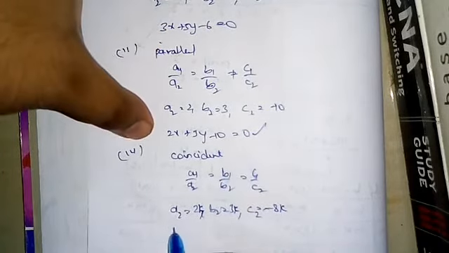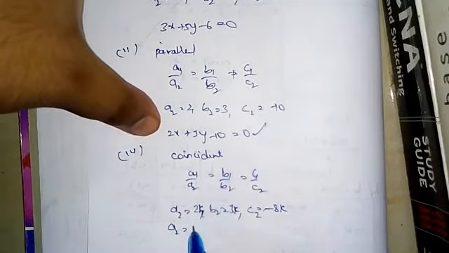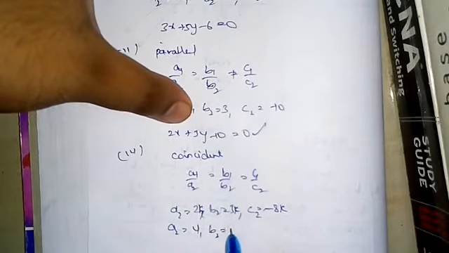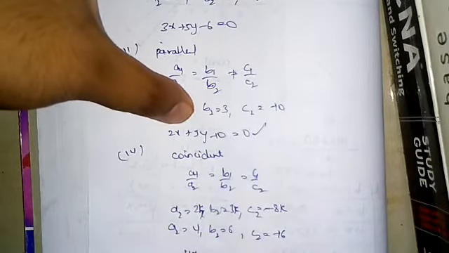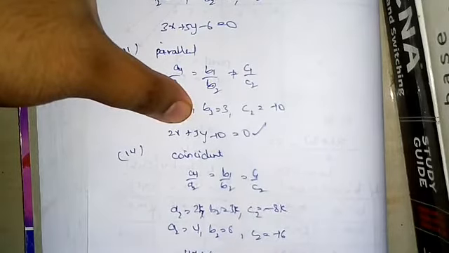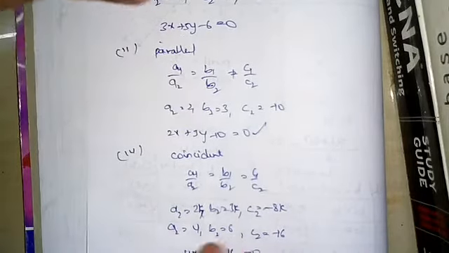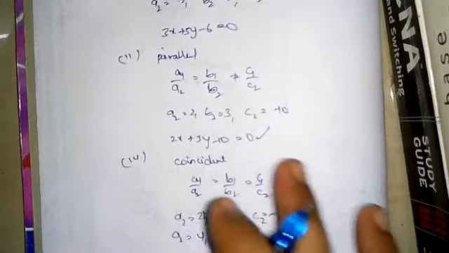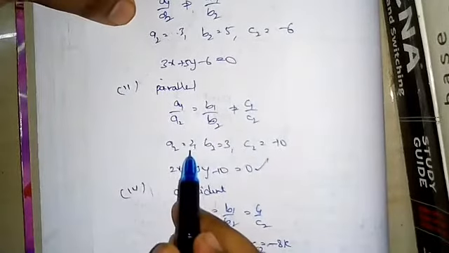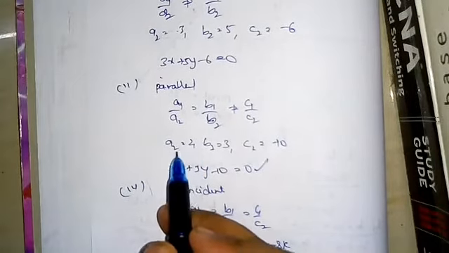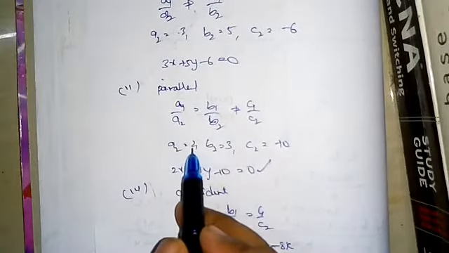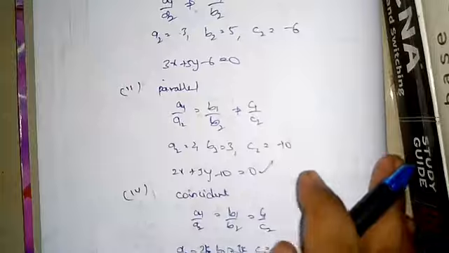So if you observe, you can take a2 is equal to 4, b2 is equal to 6, c2 is equal to minus 16. So the equation will be 4x plus 6y minus 16 is equal to 0 for coincident lines. In parallel also you can take it as 2k. You have no need to exactly take it 2. You can take it as 2k also.